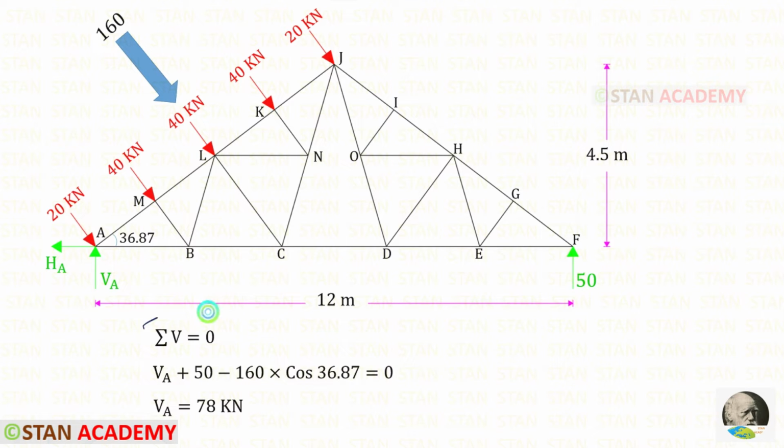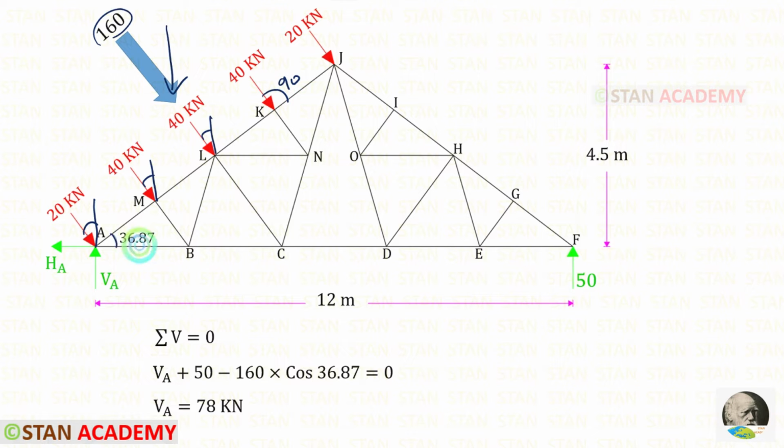Now we can apply this rule and find VA. VA and VF are acting upwards, so both of them are positive. We have to resolve the resultant in the vertical direction. We need to find this angle. We know that this angle is 90.